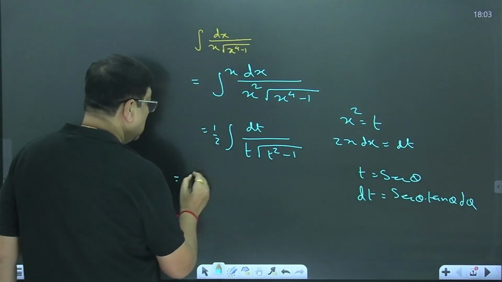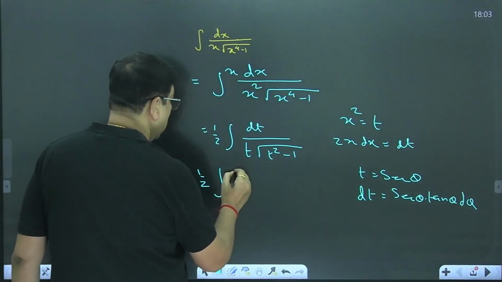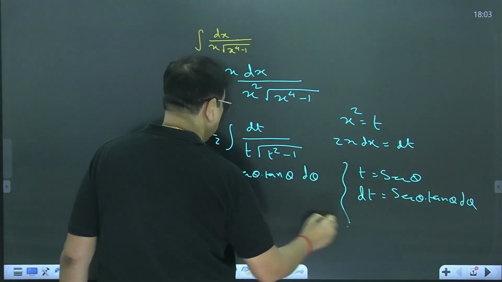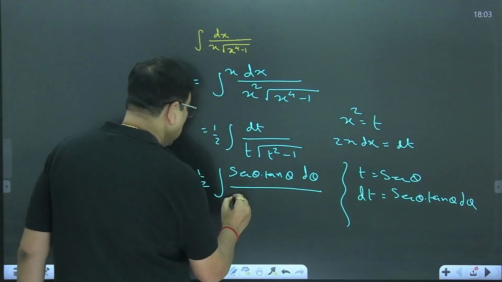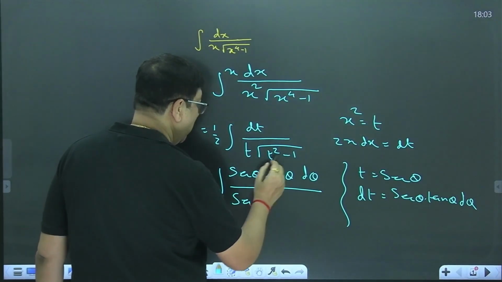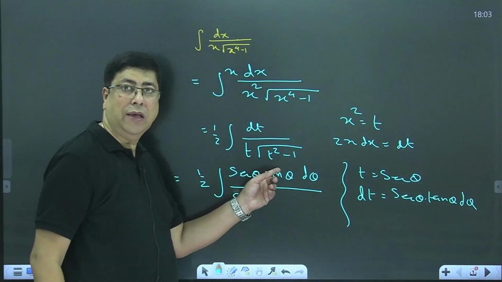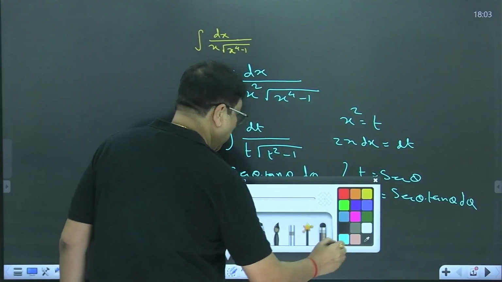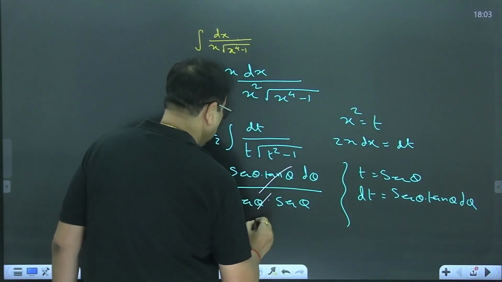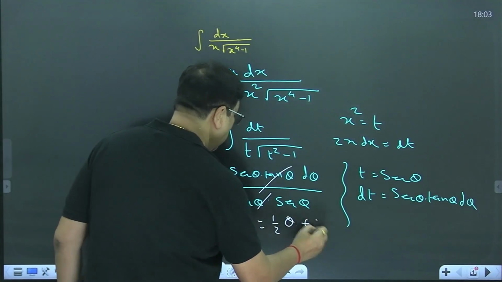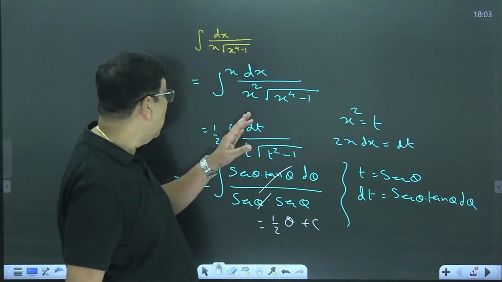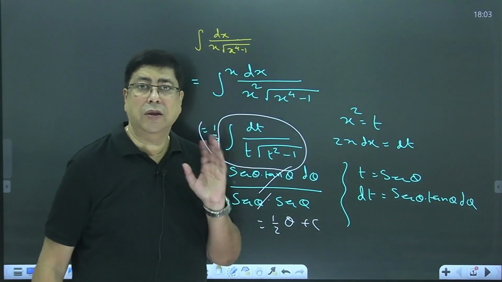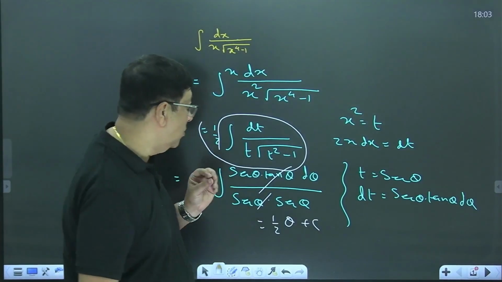Therefore we get half of sec theta tan theta d theta, and in the denominator t is sec theta, and t square minus 1 is sec square minus 1, which is tan square, so this is tan theta. It gets cancelled, leaving d theta, which gives theta plus c. We can put back the value of theta, or take it directly, since this is the direct integral of sec inverse x. Okay everyone, next I am going to the next sum.